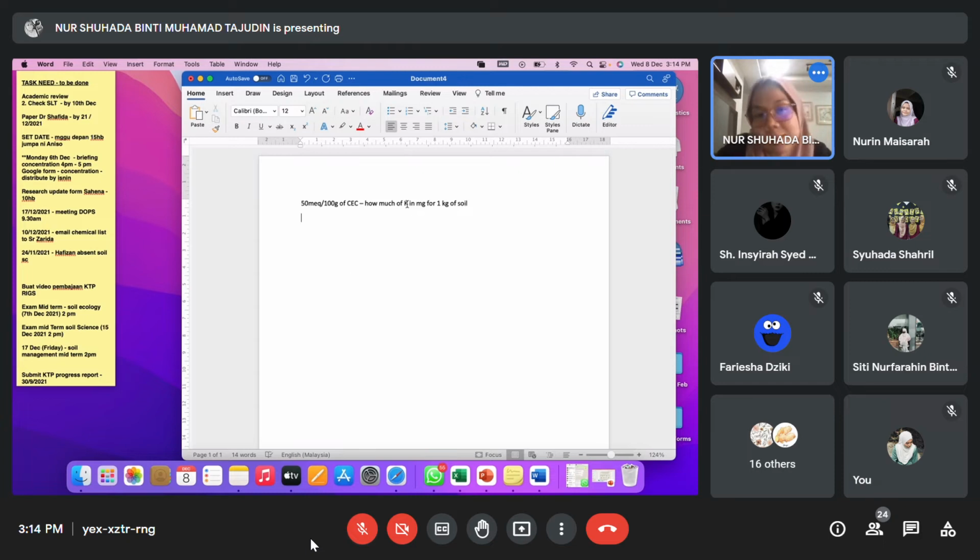Calculate the same way as I did earlier. Then you try to convert to kg. How much of K in mg in 1 kg of soil? Please remember when you do the calculations, it is in 100 gram. So how do you want to convert to 1 kg?